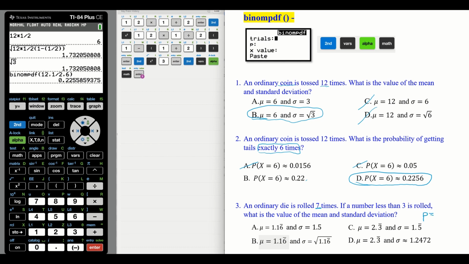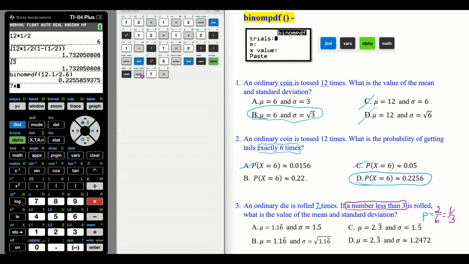P actually is determined by a number less than 3. That's changing our probability. So that means we have numbers 1 and 2, which is 2 over 6 or 1/3. Okay, you don't have to simplify this, put it in the calculator. So we have n is 7.